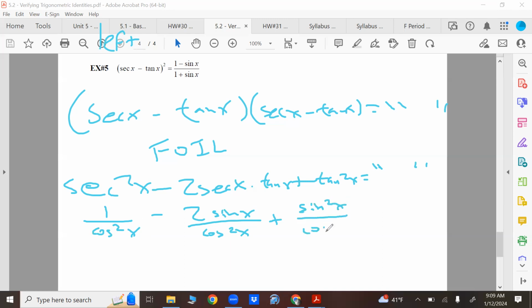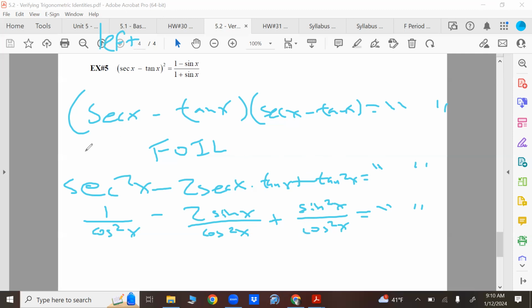I'm going to show what I have so far, so you guys don't go astray, because I was actually spinning my wheels for a sec. Guess what I have so far? FOIL. I think you want to do that, right? And I convert this one to cosine squared x, convert the secant to 1 over cosine. So then that sine cosine becomes that. And convert the tangent squared to sine squared over cosine squared. Because remember, secant's 1 over cosine, right?